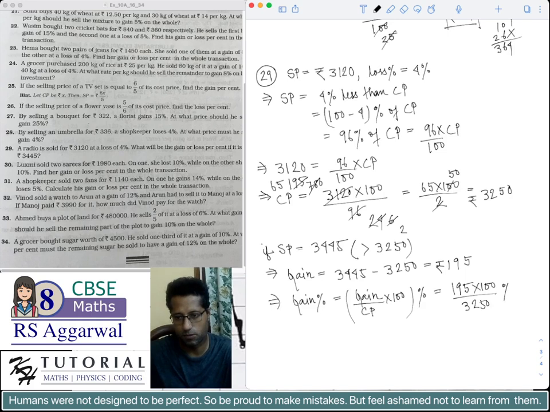If you simplify, 5 divides 0 0 cancels out, 5 divides 325 with 65, 5 divides 195 with 39. 3 divides 39 with 13, 3 divides 65 with, no, 3 will not divide 65.